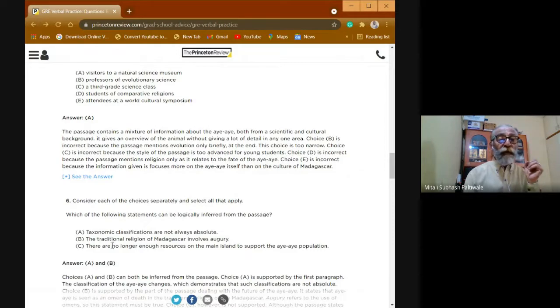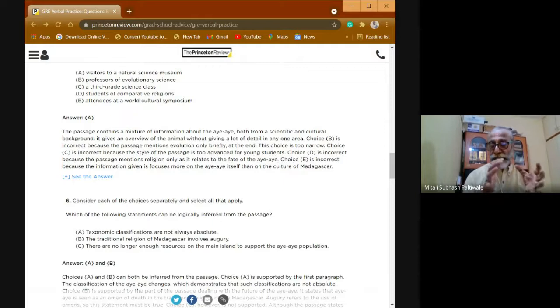So now, taxonomic classifications are not always absolute. We can see this taxonomic classification in the first paragraph.